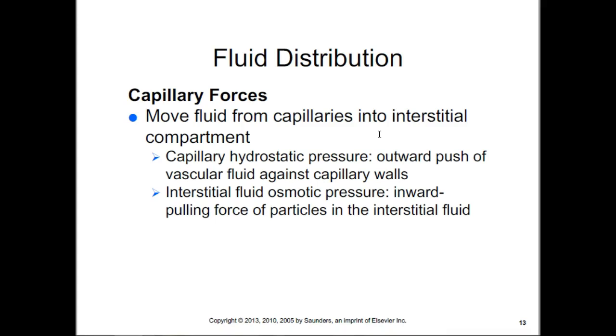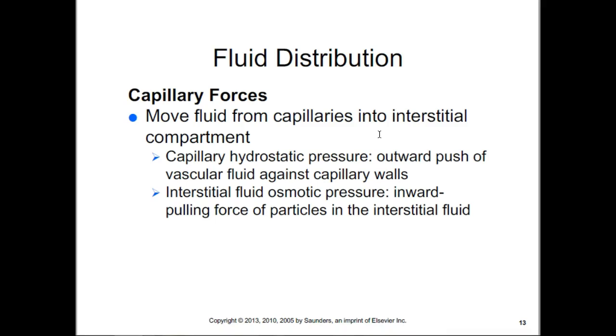And then the interstitial fluid osmotic pressure is the inward pulling fluid. So these are the two main pressures. Now, how does the interstitial fluid osmotic pressure work? Remember, osmotic pressure has to do with movement of water. Okay, I want you to stop and think of this for just a second.